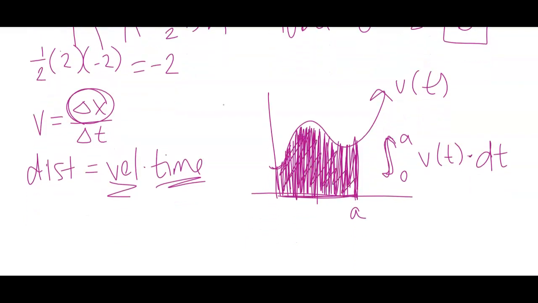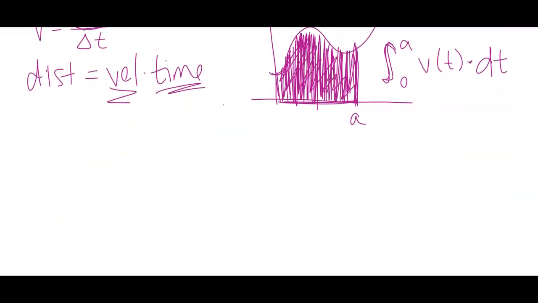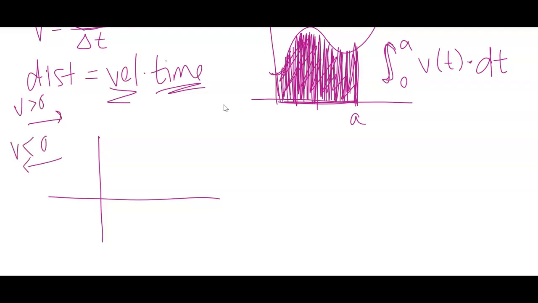Now let's just say that you have a velocity function that has positive and negative velocity. Because remember, positive velocity means the particle is moving to the right, and negative velocity means the particle is moving to the left. So you might have a velocity curve that looks like this.